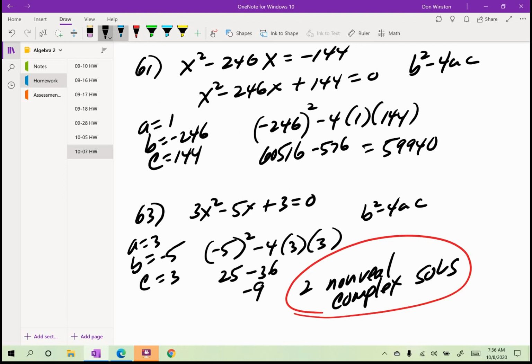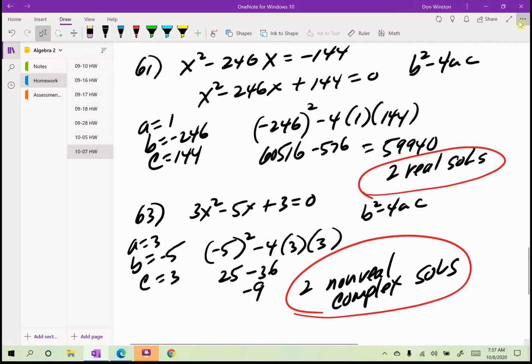And then for complex numbers, we have those imaginary i's. All right, so there. So now you know how to respond on your practice test or how you will respond on your actual test.